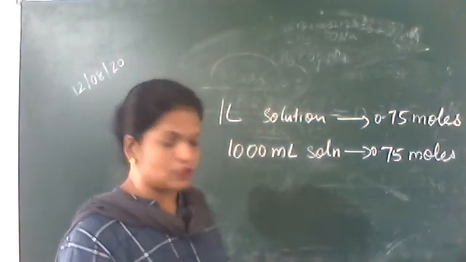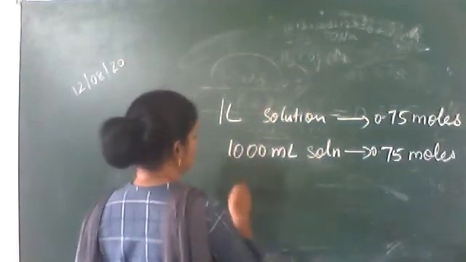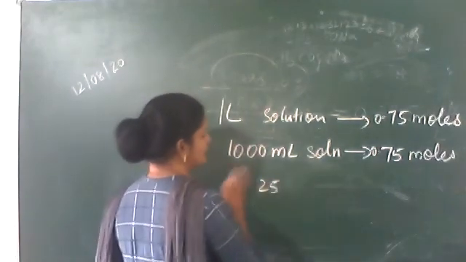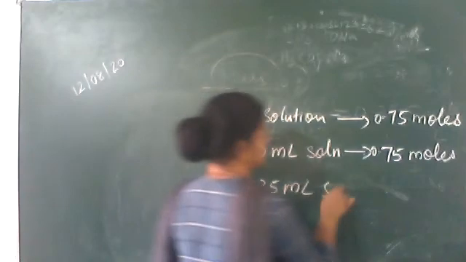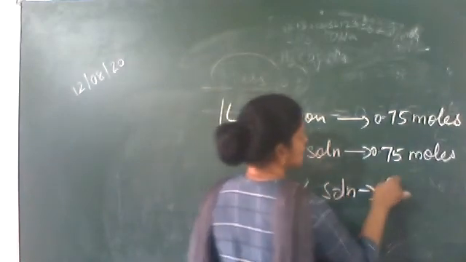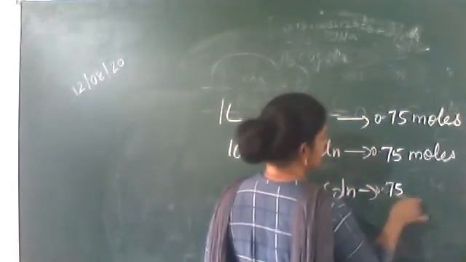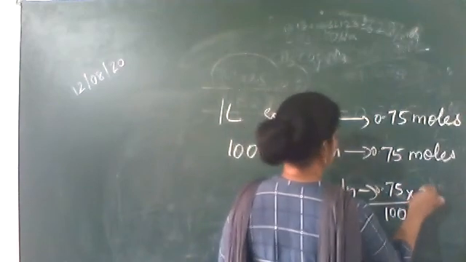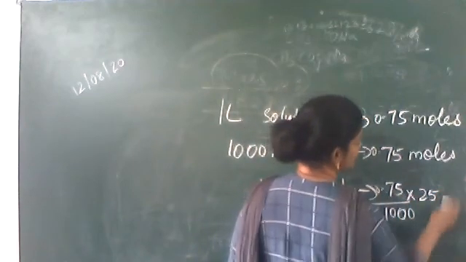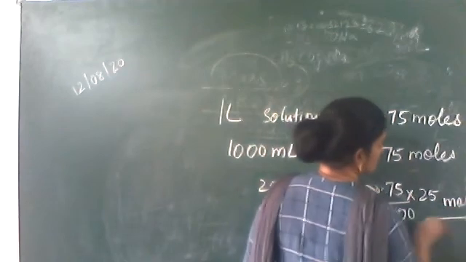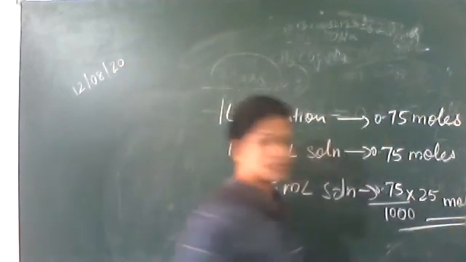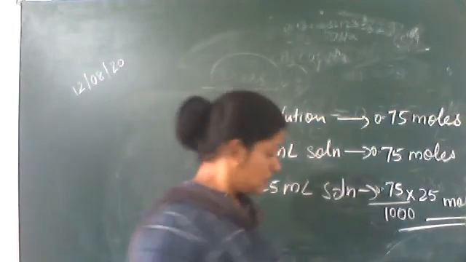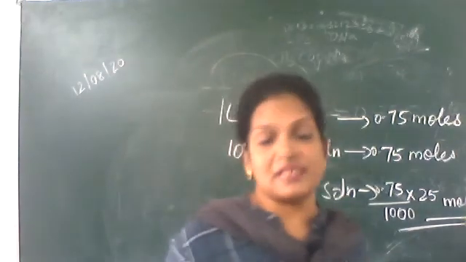They are asking for 25 ml. Therefore, 25 ml solution contains 0.75 upon 1000 into 25 moles. Question is, what amount of HCl?